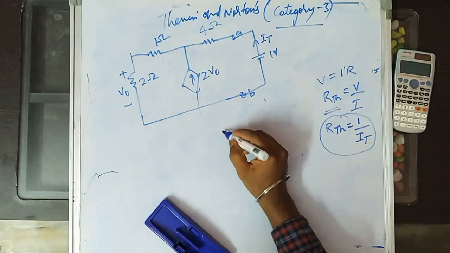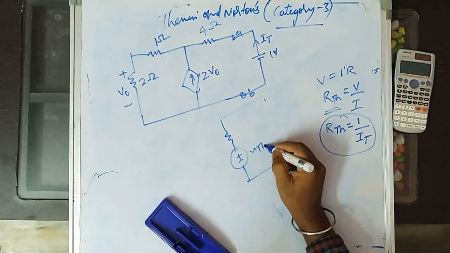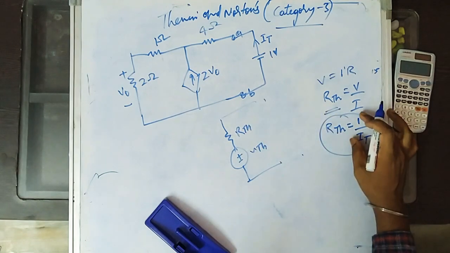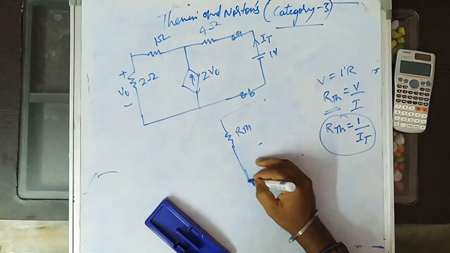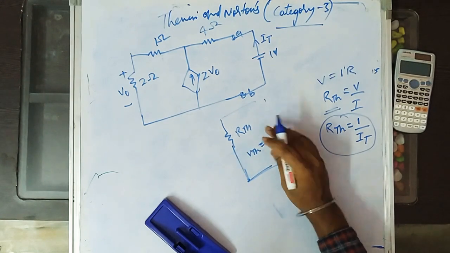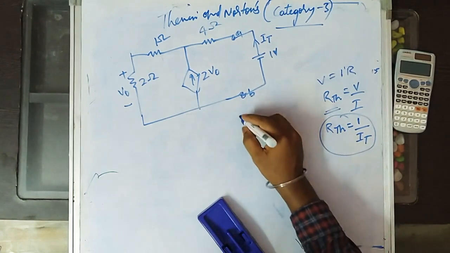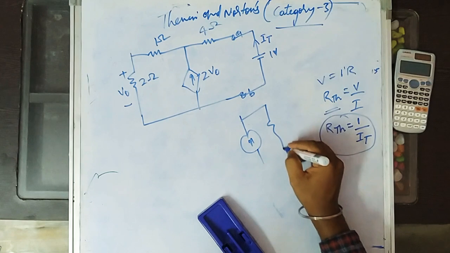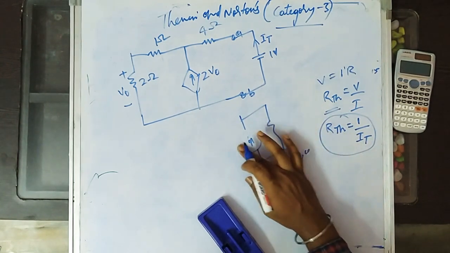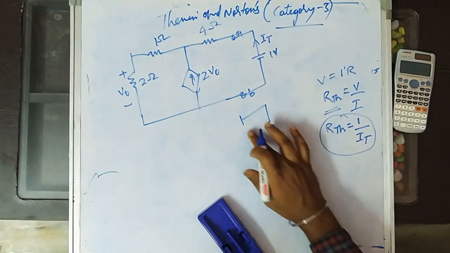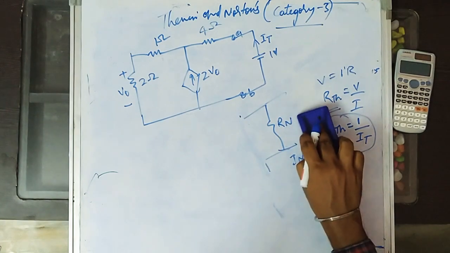So you can write the Thevenin equivalent as V Thevenin and R Thevenin, and you get the R Thevenin value. Since V Thevenin equals 0, we short this source. This is the final output. Similarly, for the Norton circuit, since IN equals 0, the current source will be 0, so we remove that source.